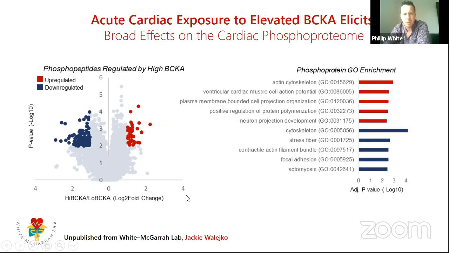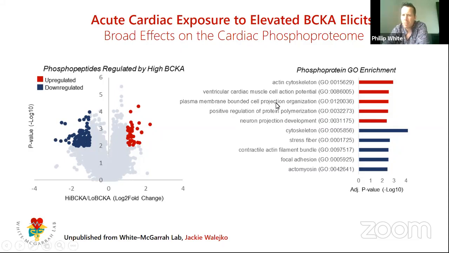And in fact, there were multiple phosphopeptides that were changed within this 30-minute exposure. We're looking at about 118 phosphopeptides that were downregulated and close to 50 that were upregulated when we used a cutoff of p equals 0.01 or less, and a twofold change. If you look at the gene ontology enrichment for those upregulated presented in red and those downregulated presented in blue, you can see that a lot of these phosphopeptides are within the cytoskeleton, the actin cytoskeleton related to the actin filament bundle.